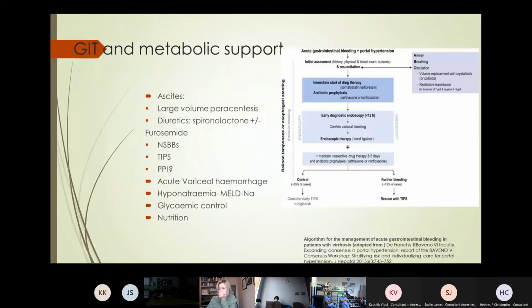You need to be careful when you're doing paracentesis because this patient can develop post-paracentesis cardiovascular dysfunction. Therefore, if you know you're going to remove more than 5 liters of ascitic fluid, then albumin of 8 grams per liter of ascites removed should be given.